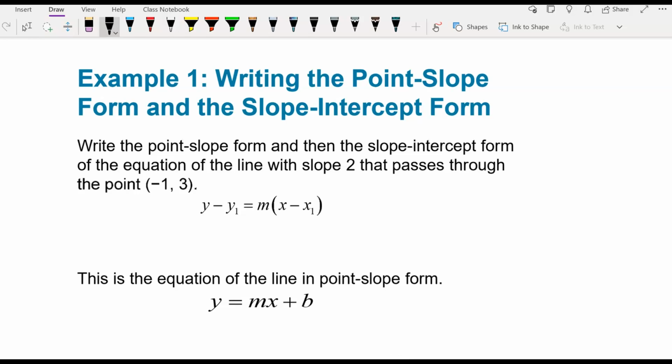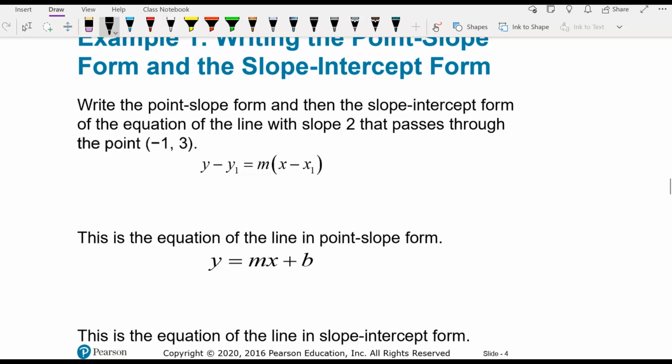So, writing the point-slope form and slope-intercept form. Write the point-slope form and then the slope-intercept form of the equation of the line with slope 2 that passes through the point -1, 3. So we're just going to be replacing what we know. So m, x1, y1.